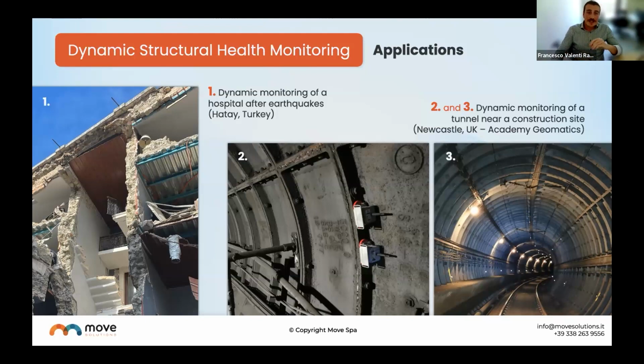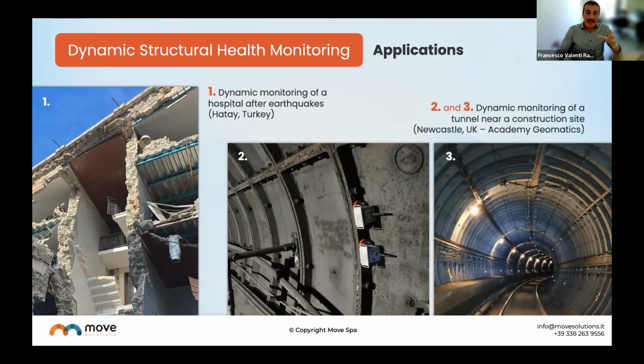In this project, tilt sensors were used in the ventilation tunnel where a total station was not feasible. Each cross-section of the 28-meter long ventilation tunnel had three tilt sensors to detect any kind of deformation influenced by the nearby construction site.